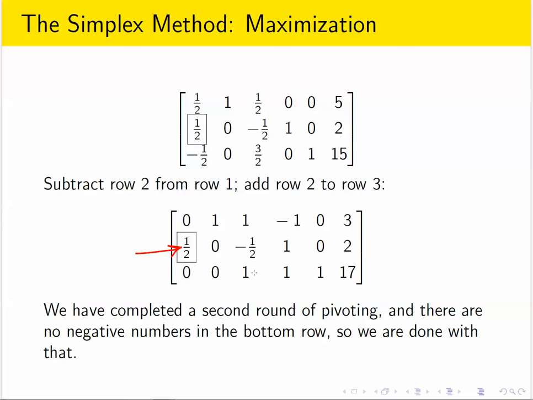One of the reasons we change pivots into a 1 is to make it easier to recognize how to make zeros by adding and subtracting multiples of the pivot row. But we're not going to have to do any more of that because there are no negative numbers in the bottom row. We're going to be done pivoting the matrix. So there's no longer any value in trying to make that entry in the pivot position into a 1. So let's just skip that step now.